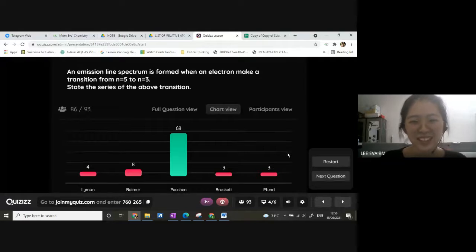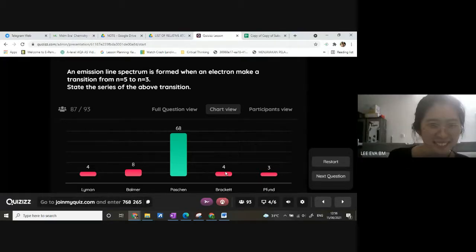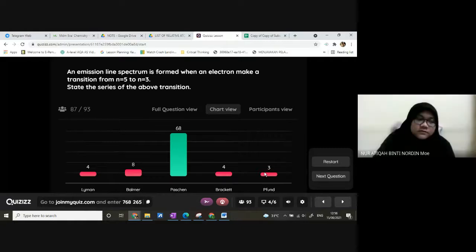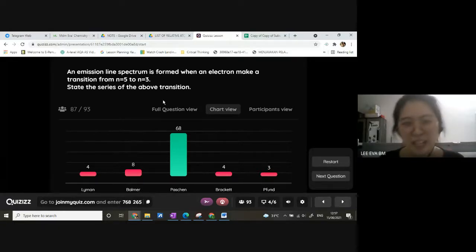Well done. Here n equals to 5. The others, was it a misunderstanding, or did you just pick randomly? If it goes from n5 to n3, it falls under the Paschen series. For Balmer, the ground state is 2. For Lyman, 1. Paschen, 3. Brackett, 4. Pfund, 5. So the clue of the question is n equals to 3, the ground state. Congratulations to those who answered correctly.